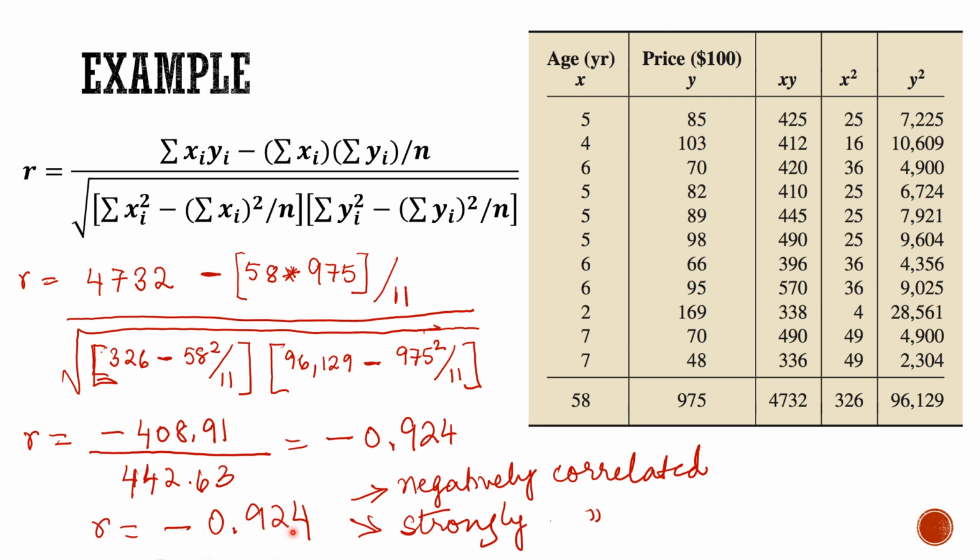The closer the R value is to negative 1, or if it's positive, to positive 1, the stronger the correlation. So that's how you use the computing formula to calculate your R value.